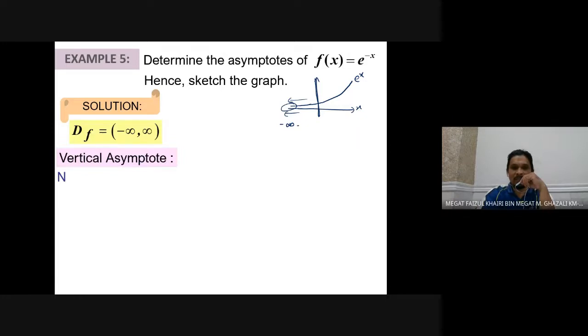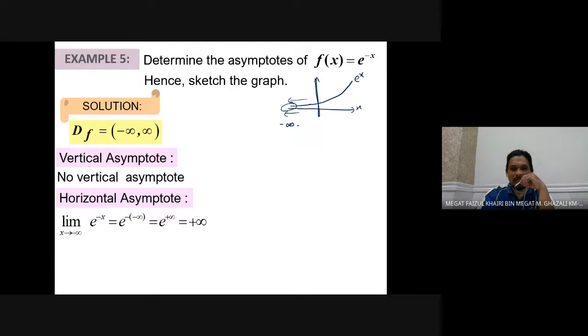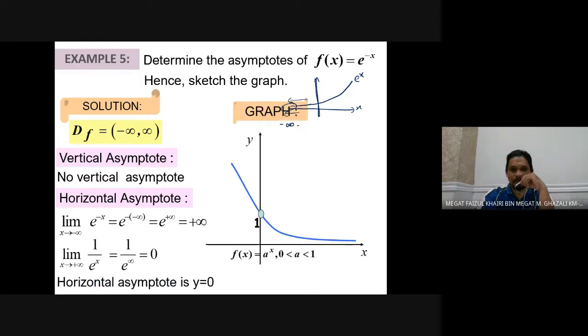So no vertical asymptote, and horizontal asymptote when x approaches negative infinity, y equal to 0 here.